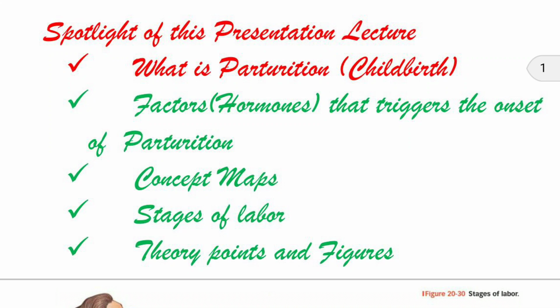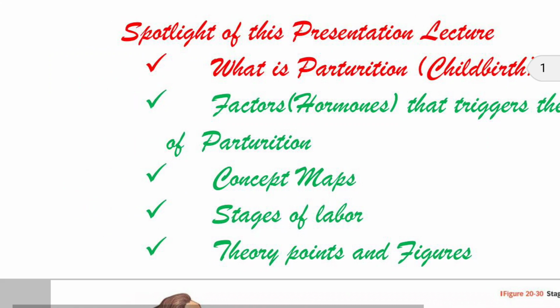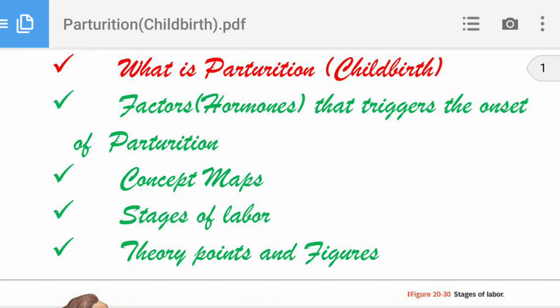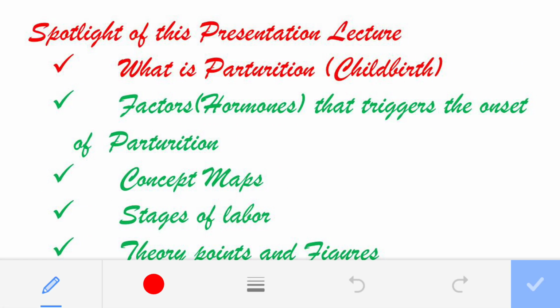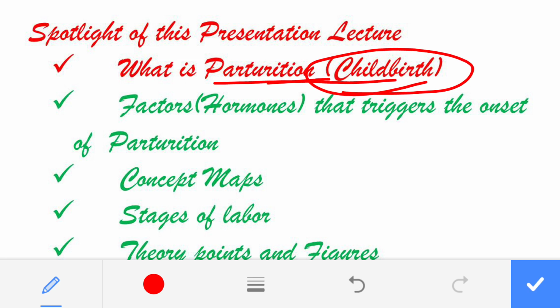Now, before I start this presentation lecture, I would like to give you some highlights of how we are going to proceed. First, I will discuss the definition of parturition with you: what is parturition and which changes occur during childbirth.